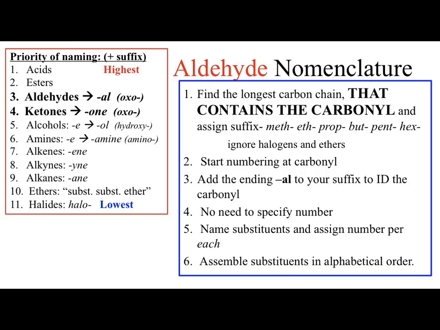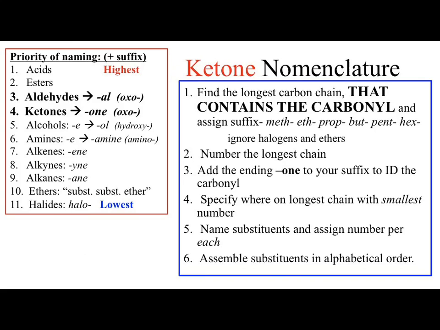Okay, so let's take a look at ketones. We'll draw out a general ketone structure. Our ketone has the carbonyl with carbons on either side of it. It's a little bit lower in priority than our aldehydes. So we'll go through and find the longest carbon chain that contains the carbonyl.